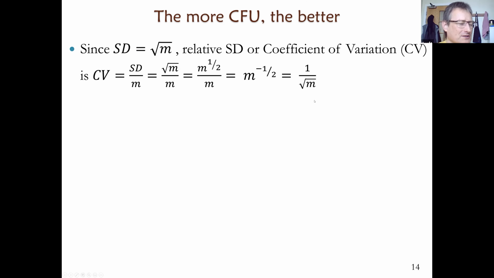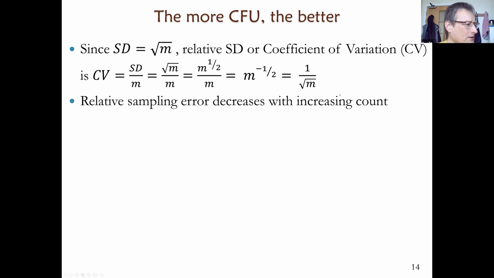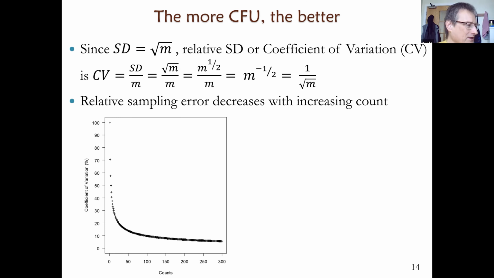If you plot that, it looks like this. Our relative standard deviation is very high if you have a count of 1, and then it drops quickly, but you still have quite a large error if you have a count of 30, 50 or so, and it only decreases quite slowly.